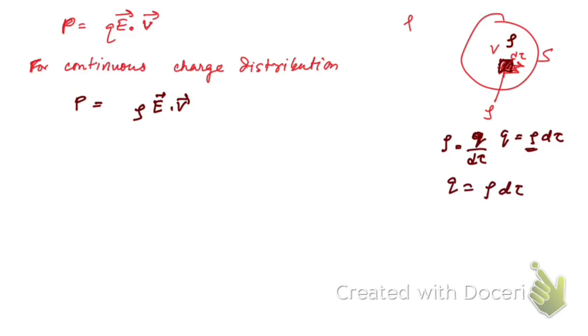So instead of q we write rho d tau, and for the entire volume V we write the volume integral over d tau. Hope you have understood this.